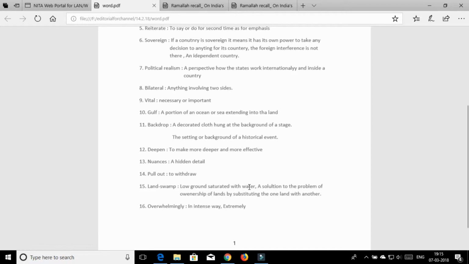But here there is another meaning of it which has been used in the editorial. This is a kind of solution by exchanging the ownership of some lands. Suppose in your area I'm having some land and in my area you are the owner of some land, and so that's why there is a quarrel between me and you.